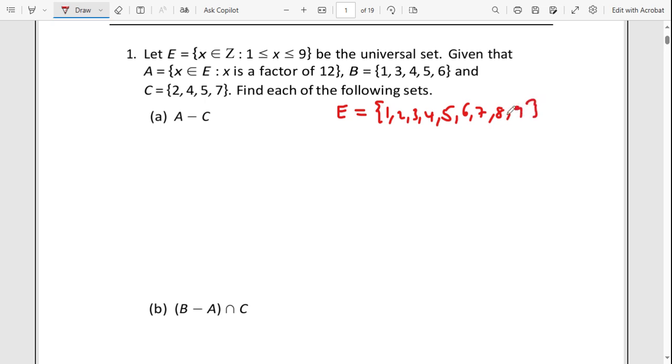Those are the integers. And then the set A: we've been told x is a member of the universal set such that x is a factor of 12. Let's start. What are the factors of 12? What numbers can go into 12? That's the meaning of factors. Very good. 1. 2. Excellent.